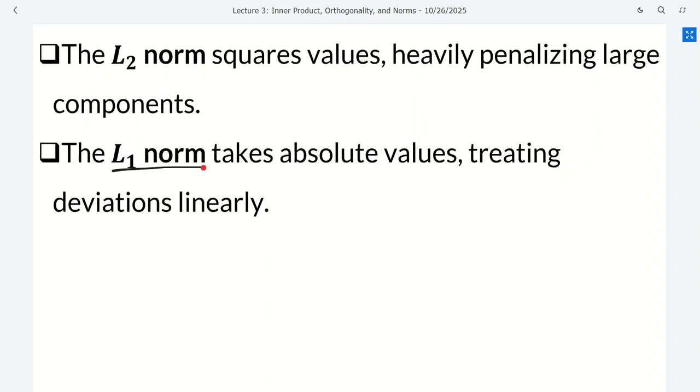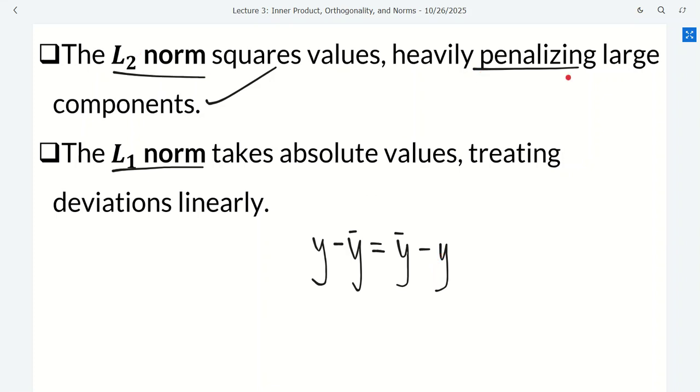And for the first point here, we said the L2 norm squares values heavily. It penalizes large components. Now, when you are dealing with linear regression, you are going to find your error, which is the actual value minus the predicted value, or the predicted value minus the actual value, either can go. This error is very crucial because that is what the model uses to learn. So the L2 helps us penalize large components.